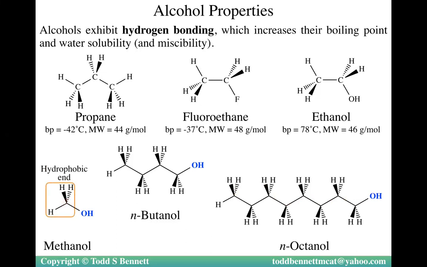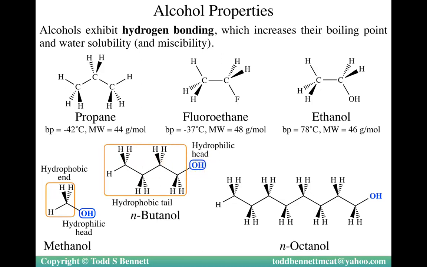So we have a hydrophilic end, the polar end, and the hydrophobic end. Notice I went from end to tail, and it's because it's long enough to call it a tail. In bio terms, the hydrophobic tail, the long alkyl chain, and the polar head. Most of the time, the hydrophilic or polar head is usually a carboxylate group, but in this case, I'm going to use the alcohol as well.